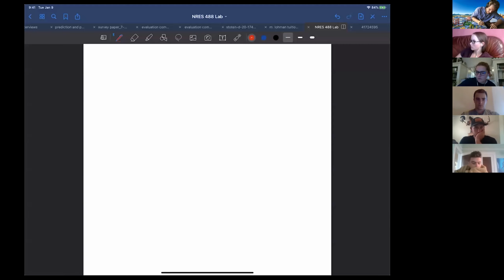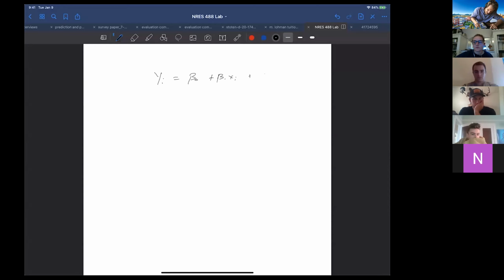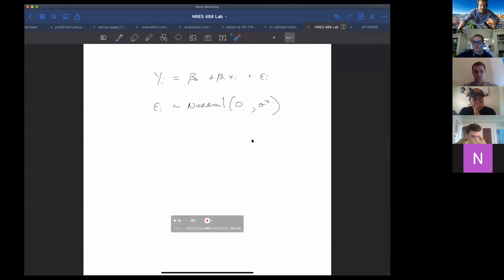When we say yi equals beta 0 plus beta 1 xi plus our epsilons, we say our residuals, epsilons, come from a normal distribution with mean 0 and variance sigma squared. So this part right here is that second model assumption of linear regression.